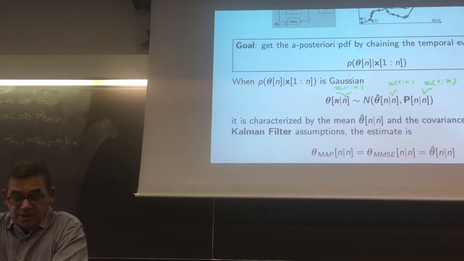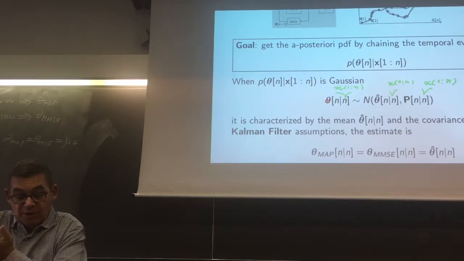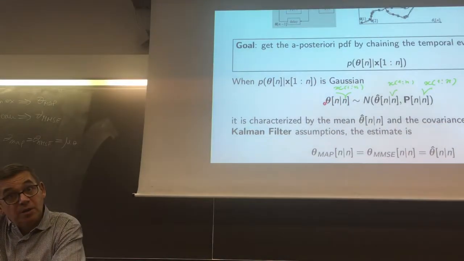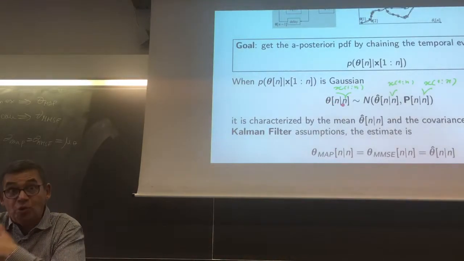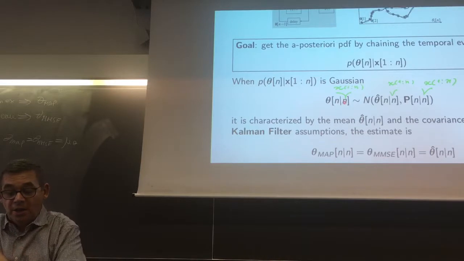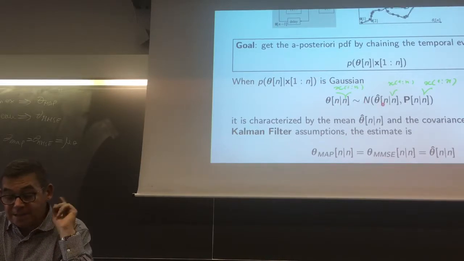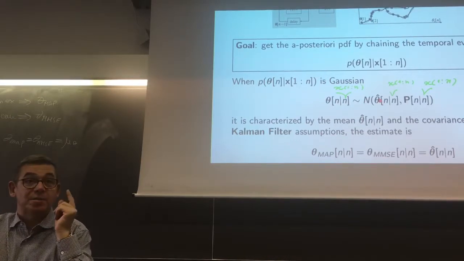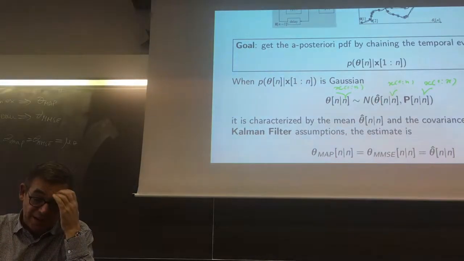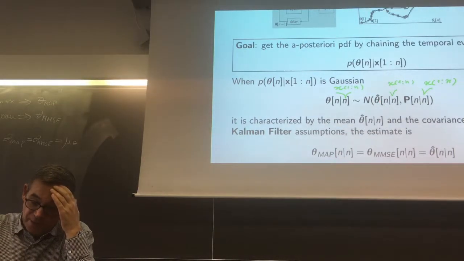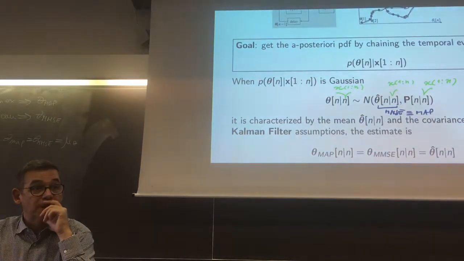Here, this description says the a posteriori at time n, given all the data up to n, is Gaussian, and its mean coincides with the estimate. So this theta hat is the mean, which is the MMSE, which coincides with the MAP because it's Gaussian.